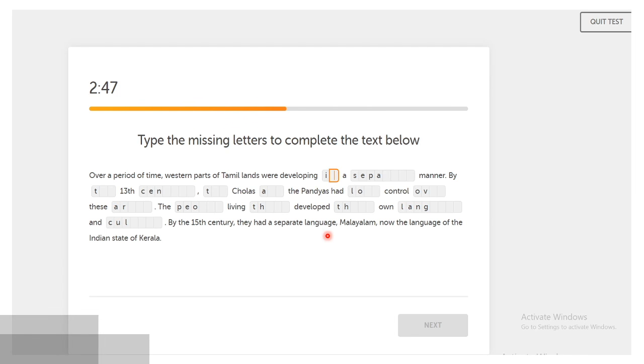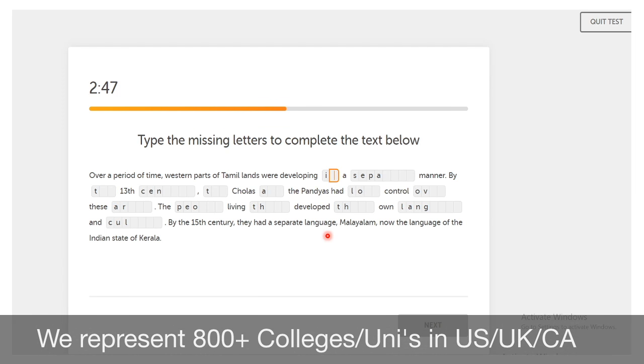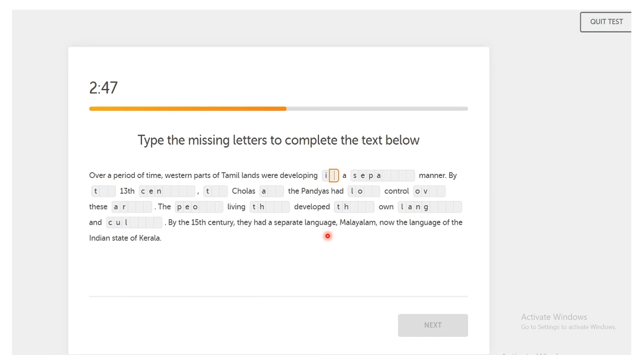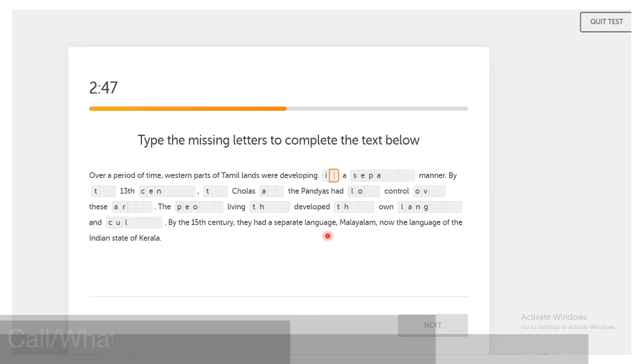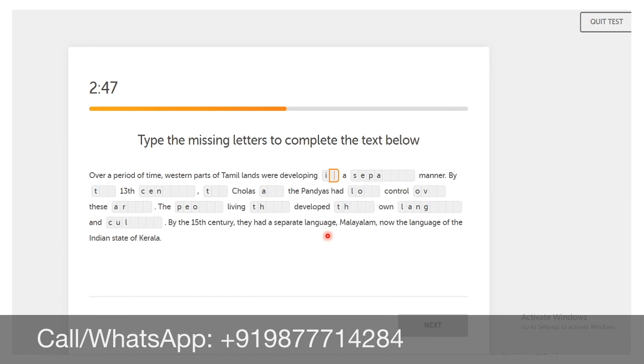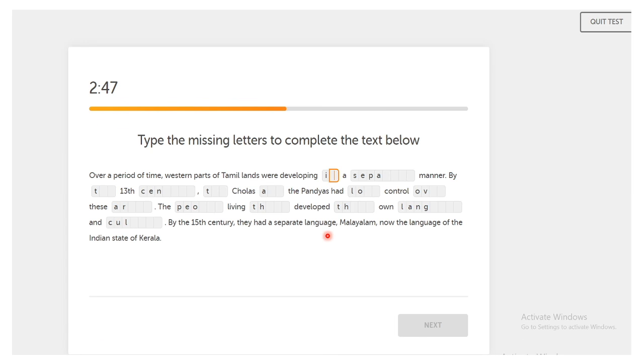Once we are done with this, step 2 is to keep a balance between guesswork and meaningfulness. Sometimes your guesses would work, but most times your sensibility would work, whether the letters that you're putting in or the words that are formed after putting those letters are making sense or not.